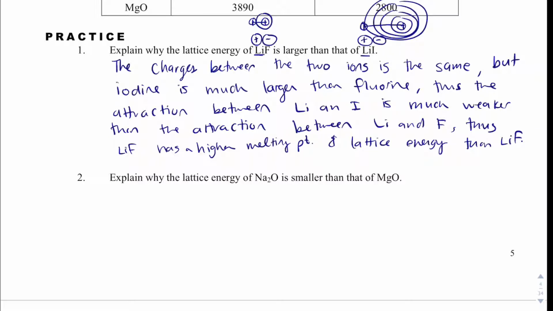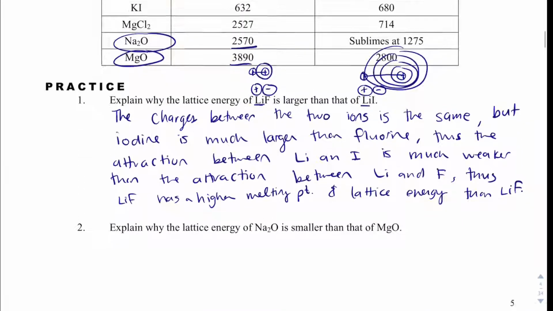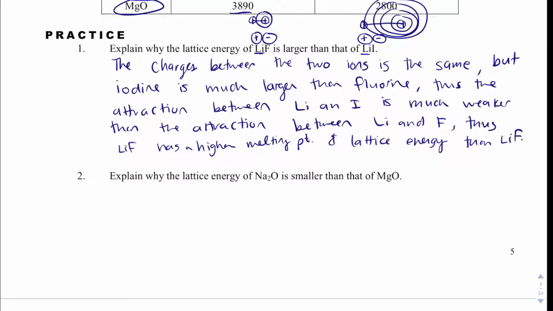Now, when we go to number 2, it says, explain why the lattice energy of sodium oxide is smaller than that of magnesium oxide. Okay, so why would sodium oxide be different? Well, sodium is a +1, oxygen is a 2-, magnesium is a 2+, oxygen is a 2-. So my guess is it has to do with the charge, but we also have to compare energy levels.